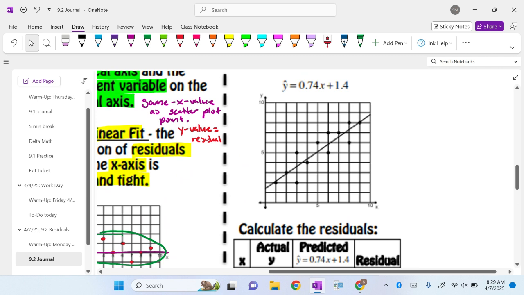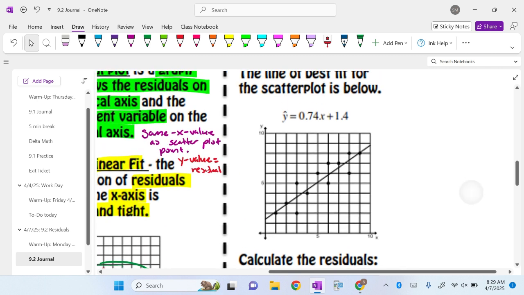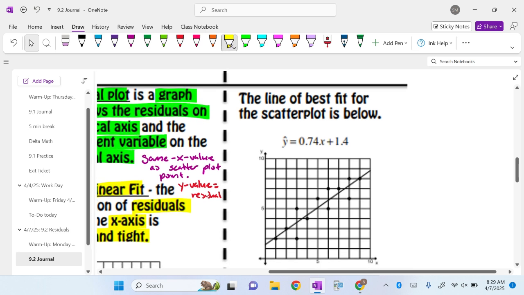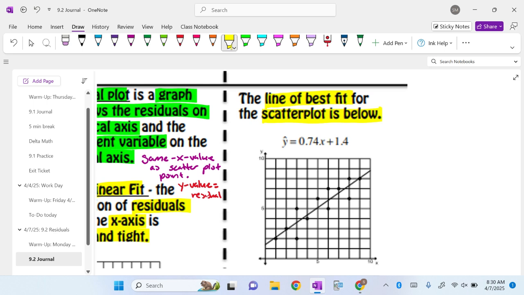All right, last thing we're going to do with residuals is actually find the exact residuals on our own and make them. The line of best fit for the scatter plot is below. This is the regression line that they came up with. So this fits this line right here. This is the regression equation.